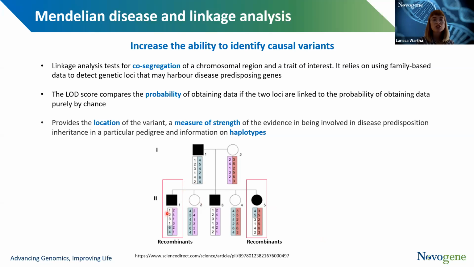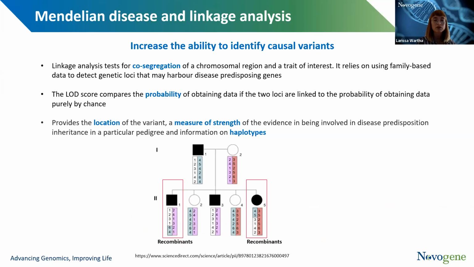As you can see here, children 1 and 5 are recombinants, which narrows down the region of interest to the 3rd and 4th loci, because these are not linked to these regions, and they're both affected. The LOD score is a statistical test that compares the probability of obtaining the test data if the two loci are linked to the probability of obtaining the test data purely by chance.